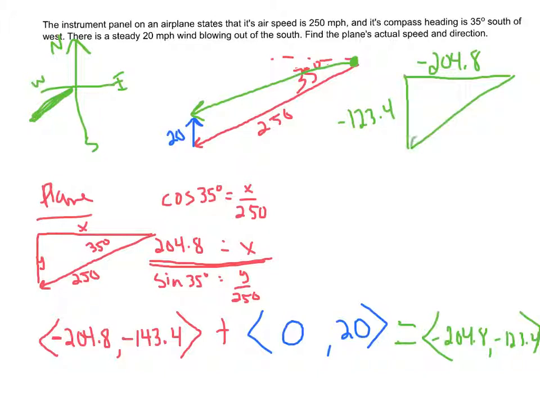And my resultant vector, I can find the magnitude by doing negative 204.8 squared plus negative 123.4 squared, and that's going to equal my magnitude squared. And when I type this into my calculator, my magnitude is 239.1 miles per hour.